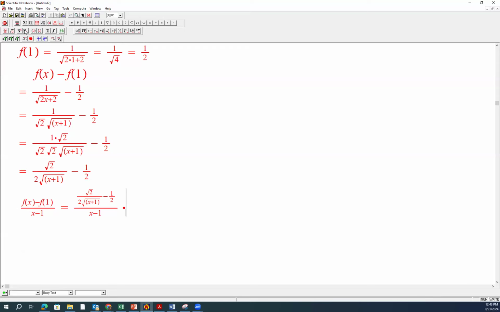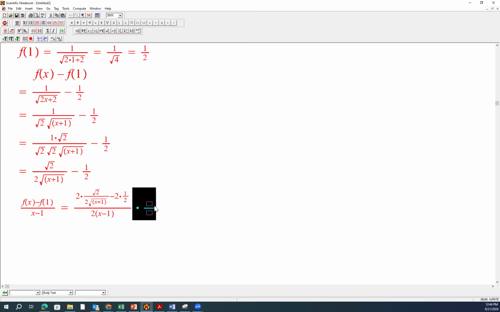I'm just going to do it in 2 separate steps to look easier. So this 2 is going to multiply with the 2 over here, and multiply the 2 over here. And the 2 in the bottom will multiply with the x minus 1.